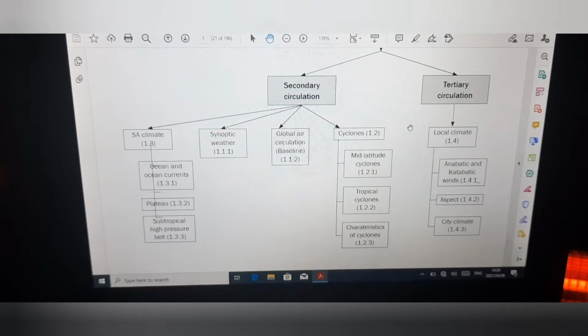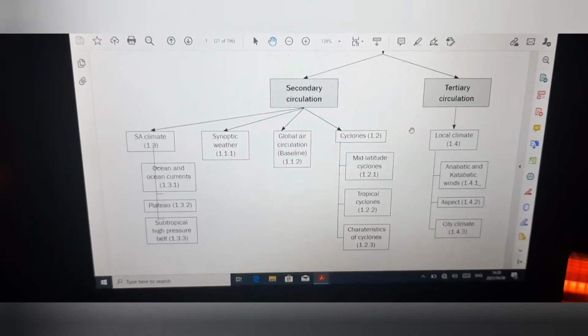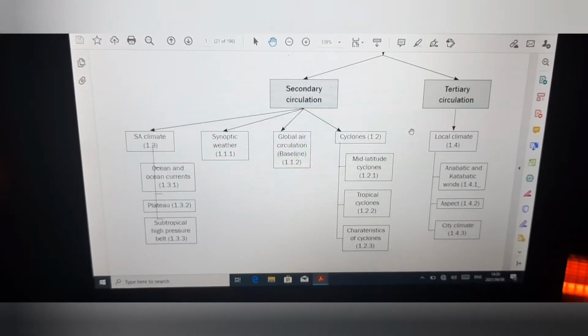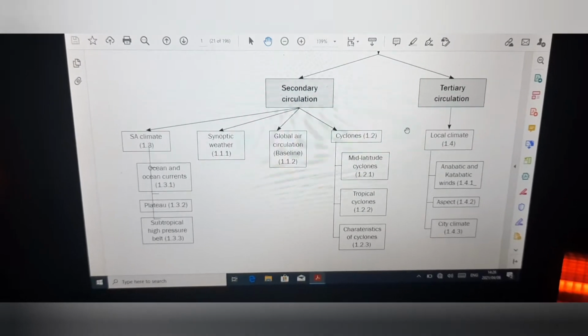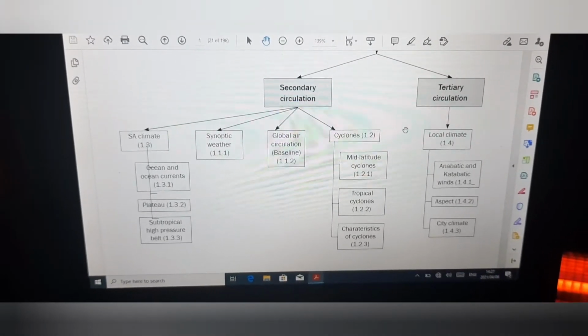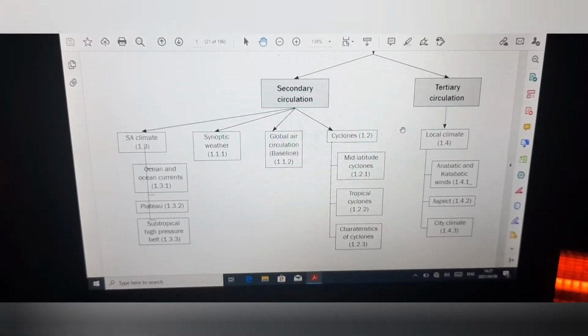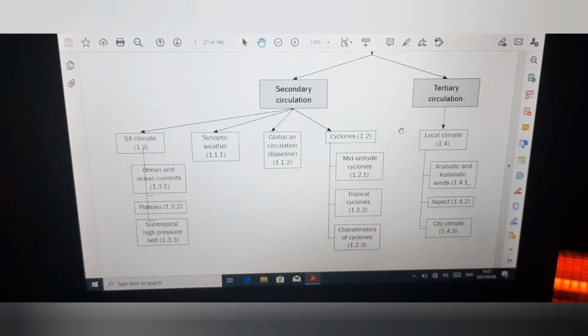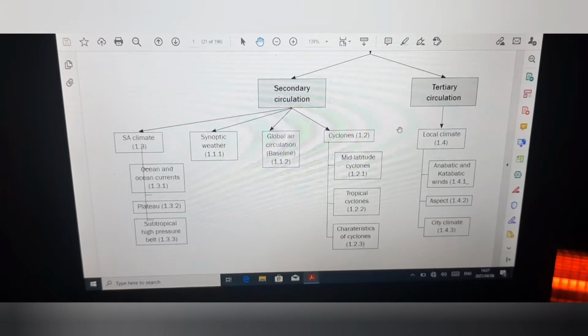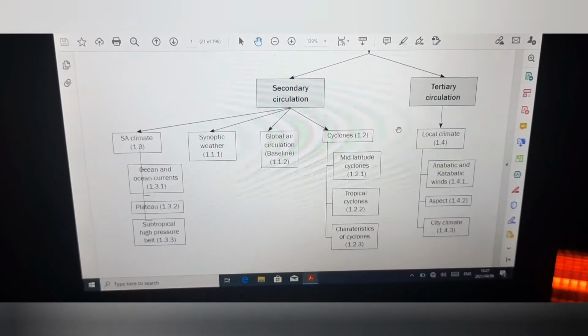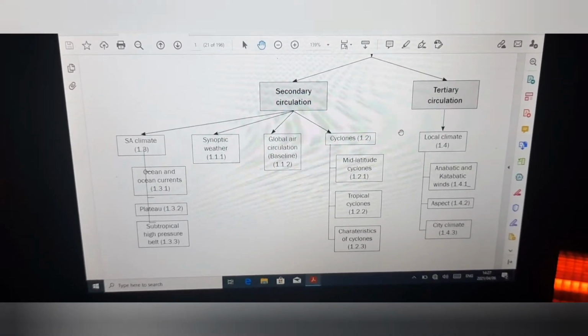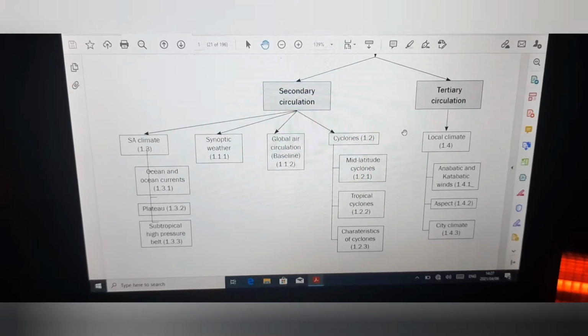First of all, we're going to go for synoptic weather 1.1, which falls under secondary circulation. From there, we're going to 1.1.2, which is global air circulation, just like that. Then 1.1.3, if we have it.